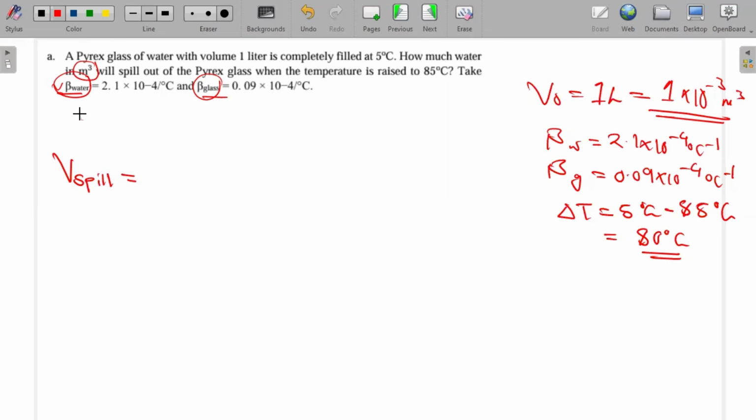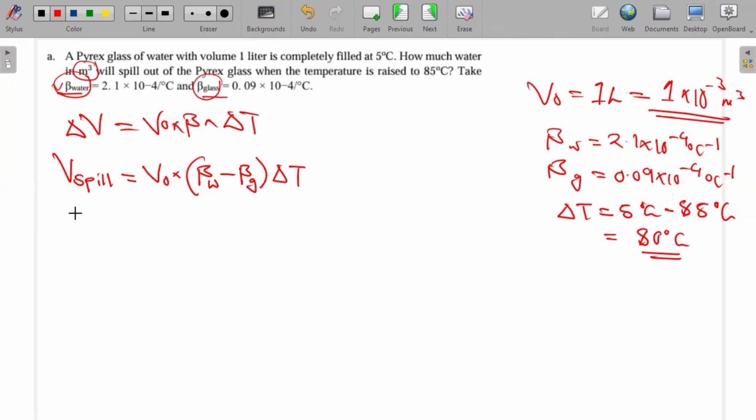We know the initial formula says delta V is equal to initial volume multiplied by the coefficient of volume expansion multiplied by the change in temperature. But since we are dealing with the volume of spill, we can put this in a single formula to say this is going to be equal to the initial volume multiplied by the difference between the two coefficients of volume expansion. So the coefficient of volume expansion of water minus the coefficient of volume expansion of the glass, multiplied by the change in temperature.